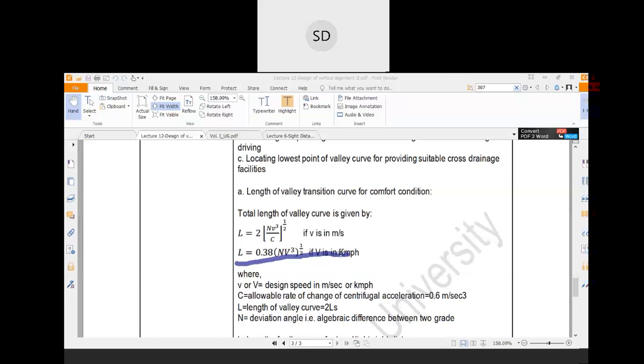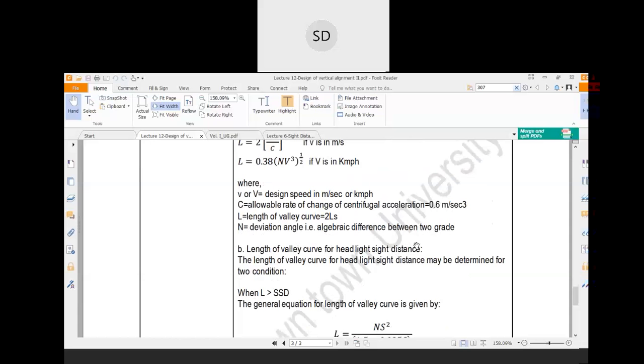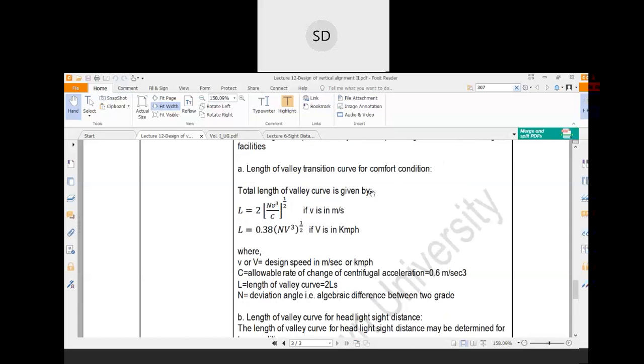Remember, V is the speed of the vehicle or design speed, and n is the deviation angle in percentage values. So this is the primary condition for the length of the valley curve.